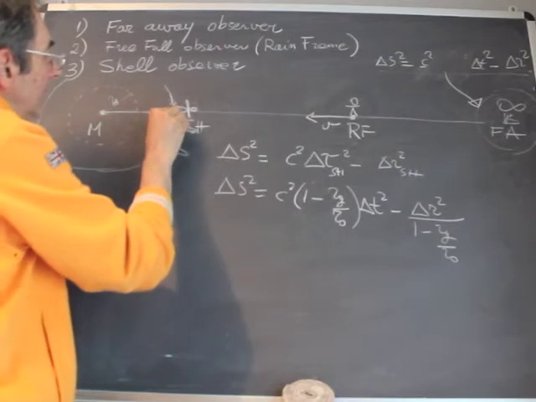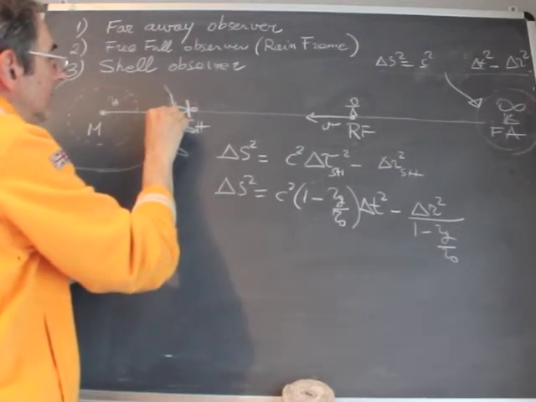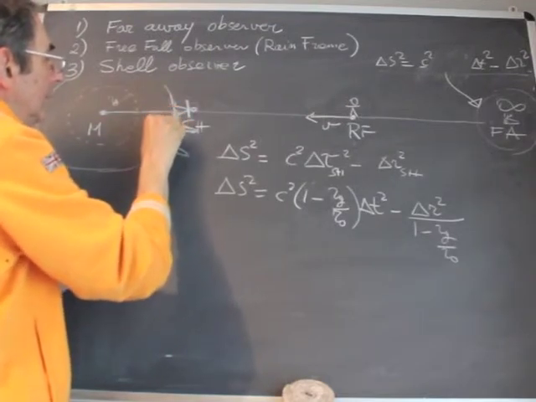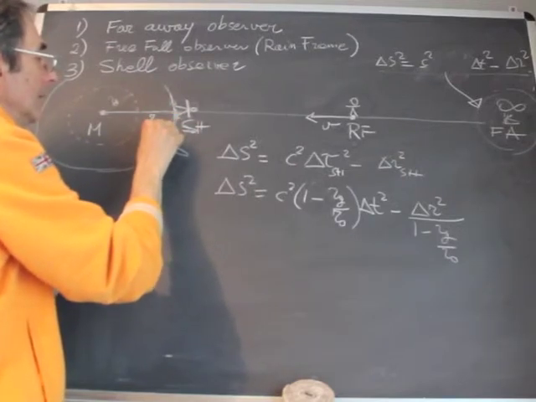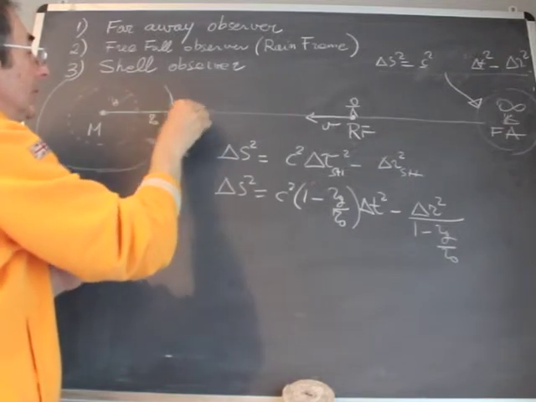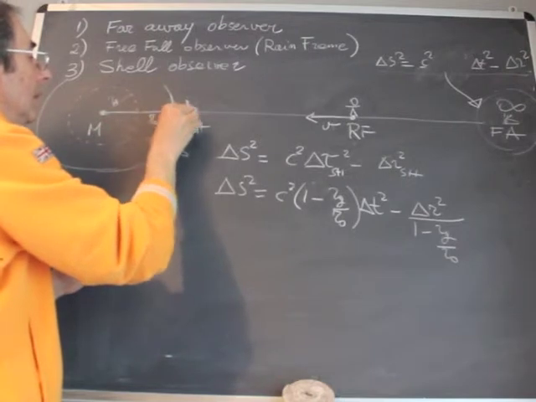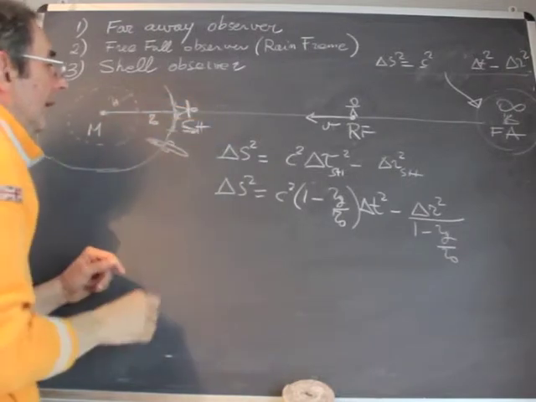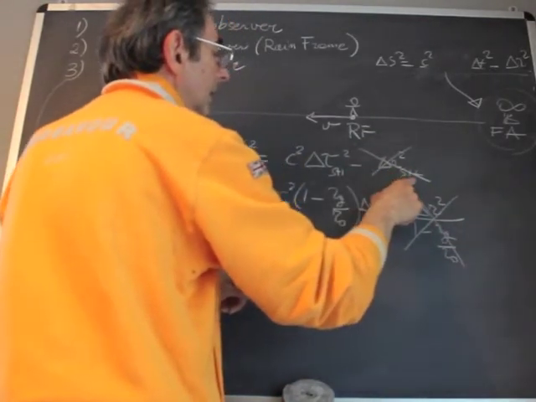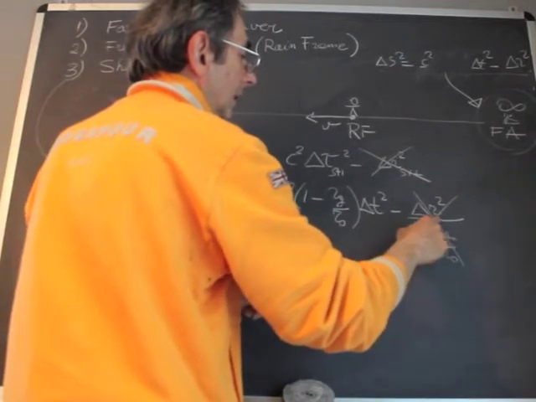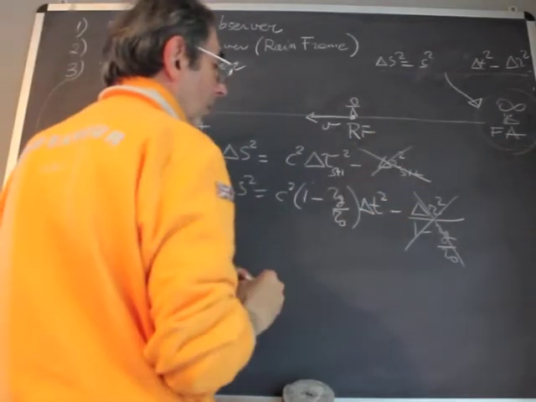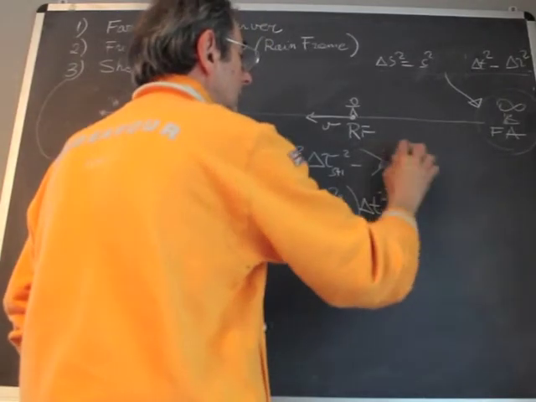We have said that the space distance between these two events is just tangential. It is not radial, so there is no variation along the radial direction. So for both of them, delta R shell and delta R far away are zero.